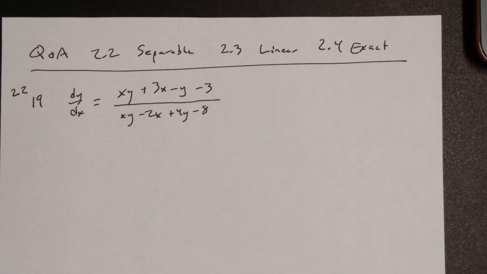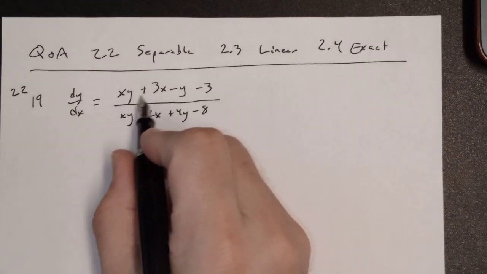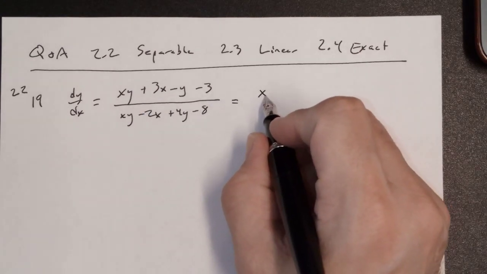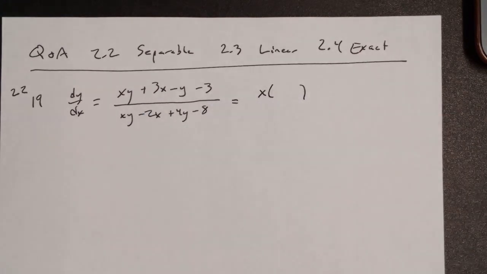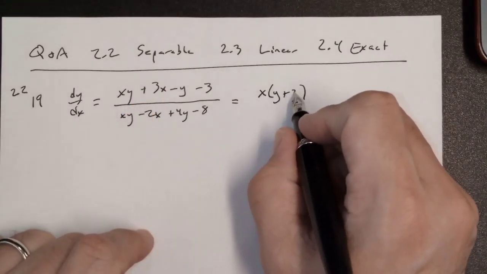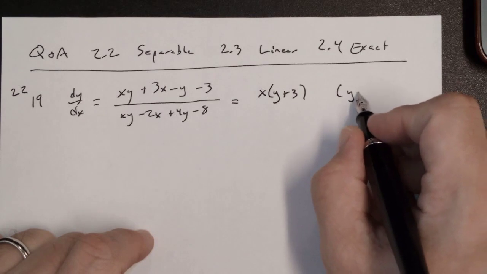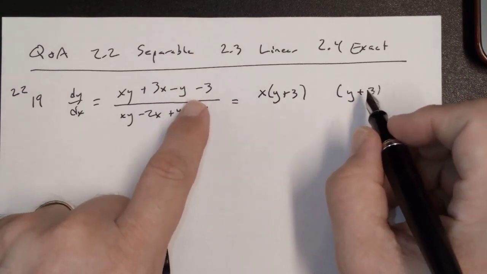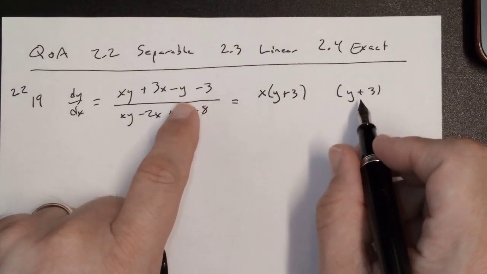I'll factor in pairs. There's an x I can pull out here. X times what? Just out of the first two. So what could I do with these two to make that a y plus 3?